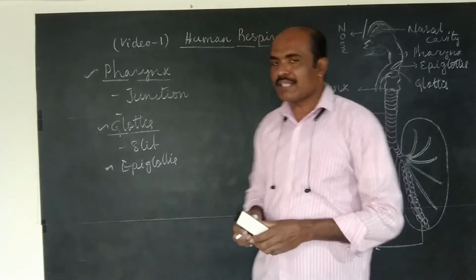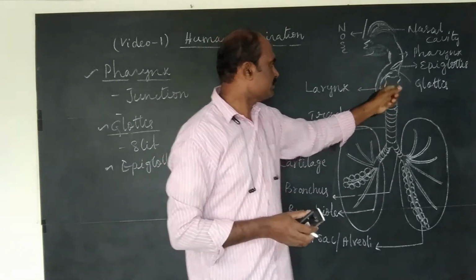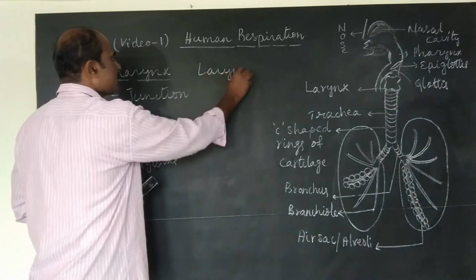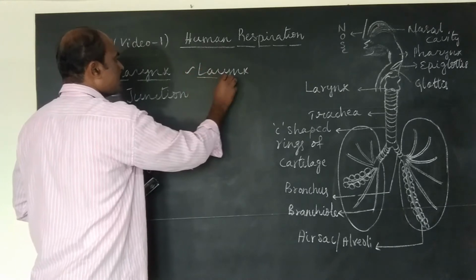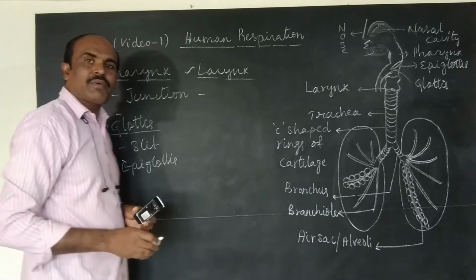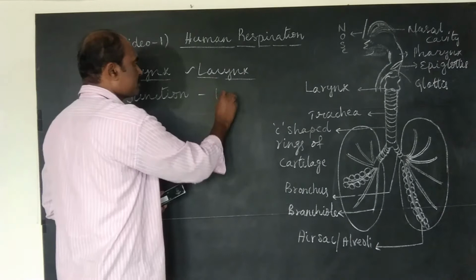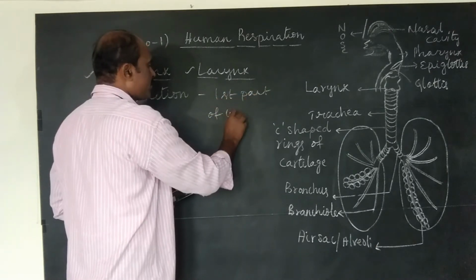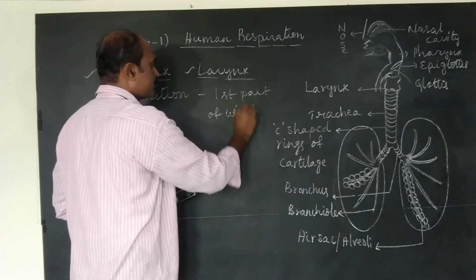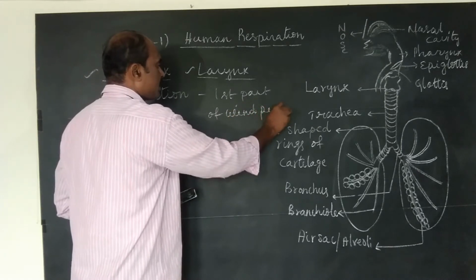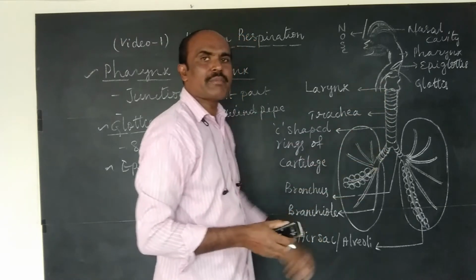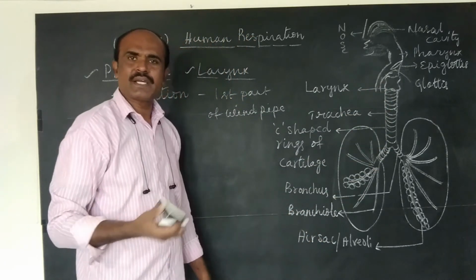Now let us talk about larynx. This larynx is the first part of the trachea or windpipe. Windpipe means the tube through which air passes.